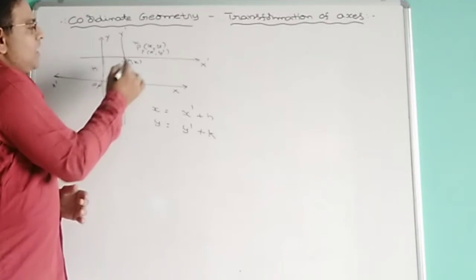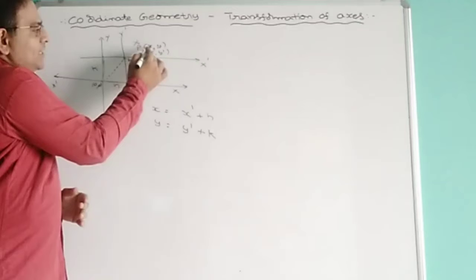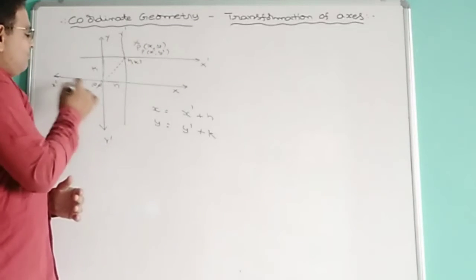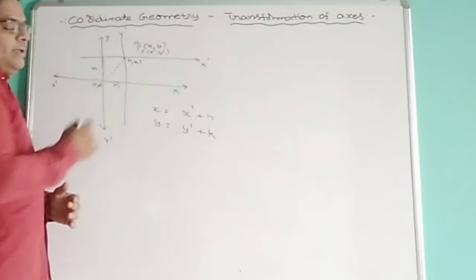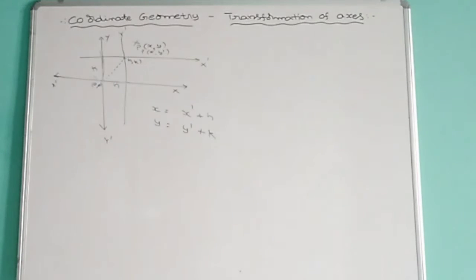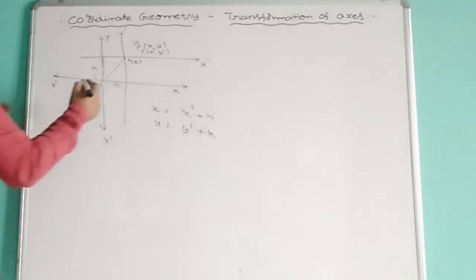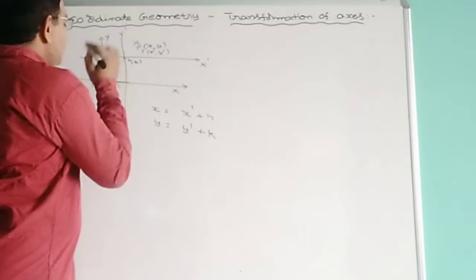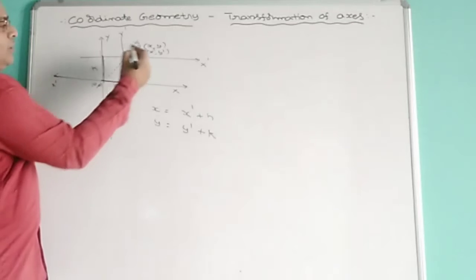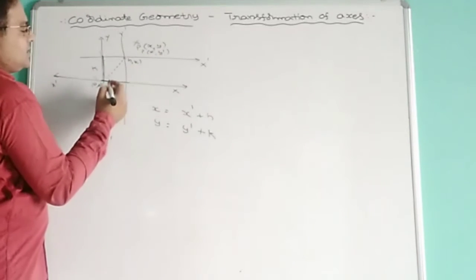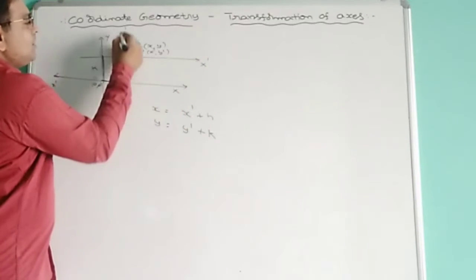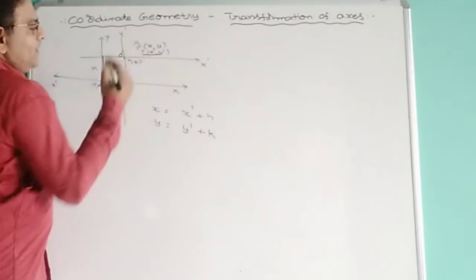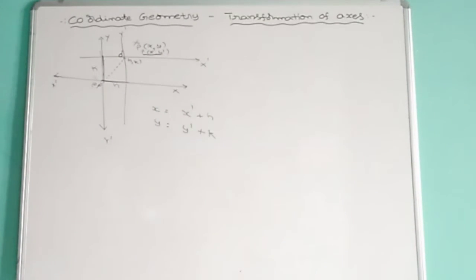The original point is x comma y with respect to OX and OY, and the new point x dash, y dash is represented with respect to O dash X dash, O dash Y dash as P(x dash, y dash).